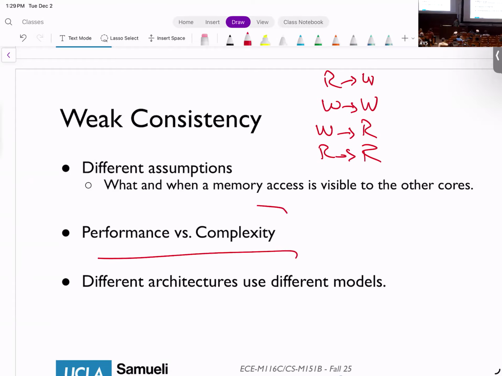The trade-off is between performance and complexity. The least amount of enforcement gives you the highest performance. If I can reorder everything, that's the maximum performance I can get. But then it's almost impossible to write a correct program. So you have to think about the complexity of writing a correct program when you can reorder many things, which is significantly higher than when you can't. But on the other hand, you also want to be able to reorder. So you understand the differences.